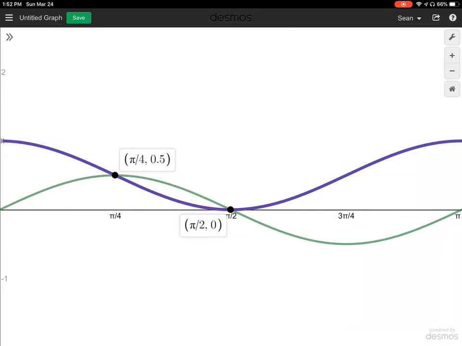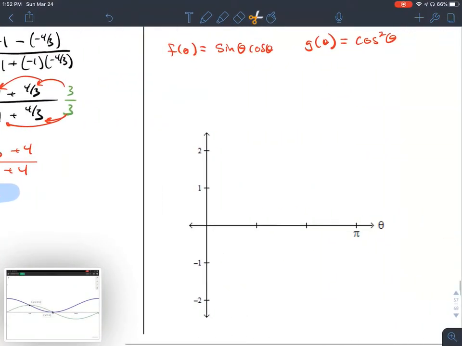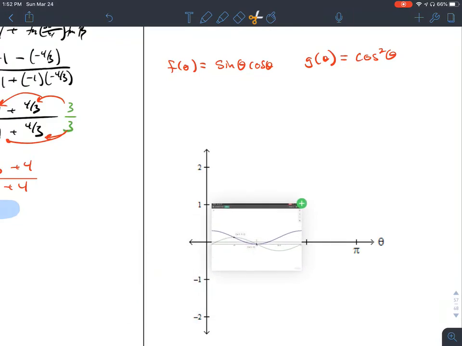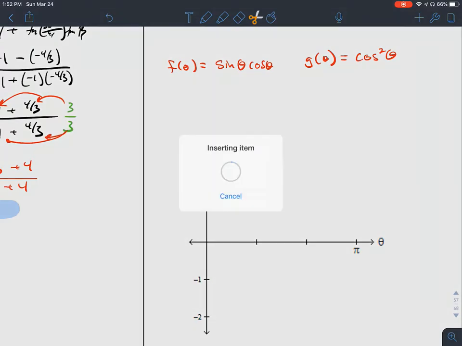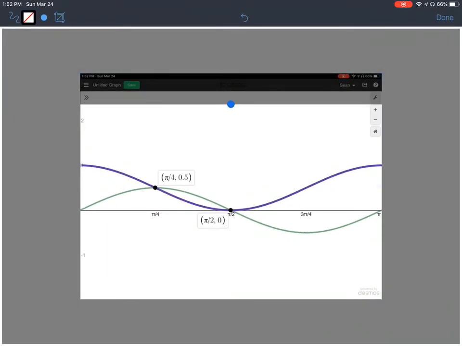So I'm going to throw this graph onto my work here. Yes, I know this is cheating. Nope, I don't care.